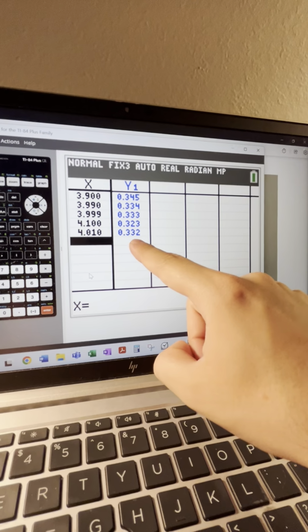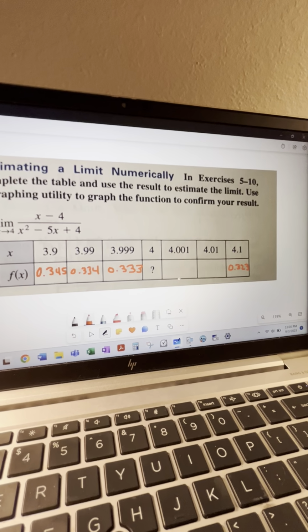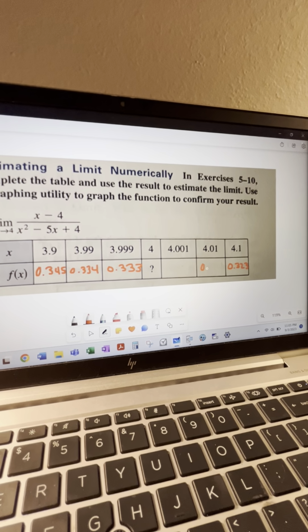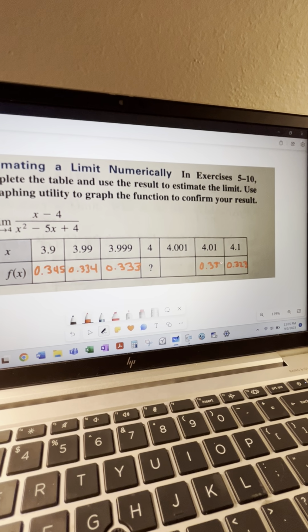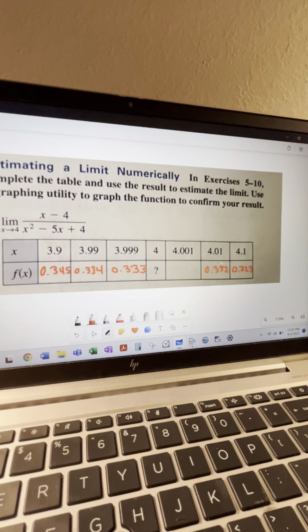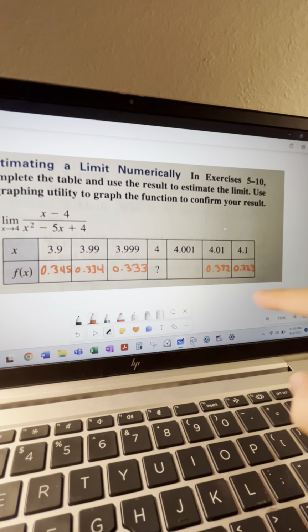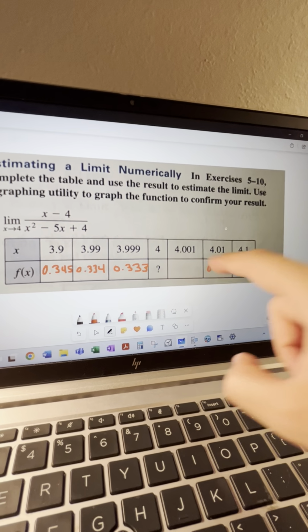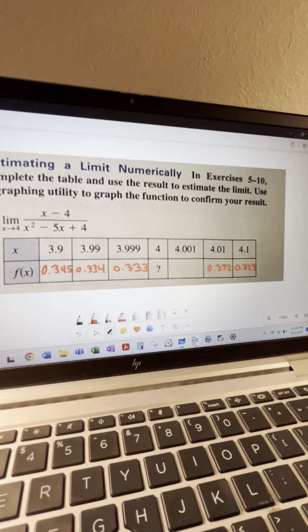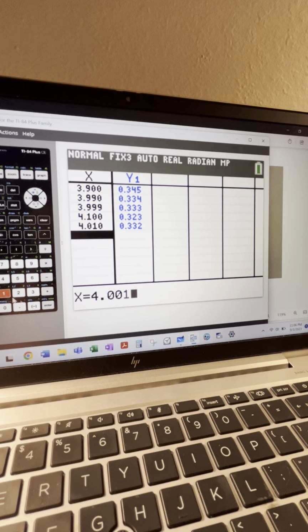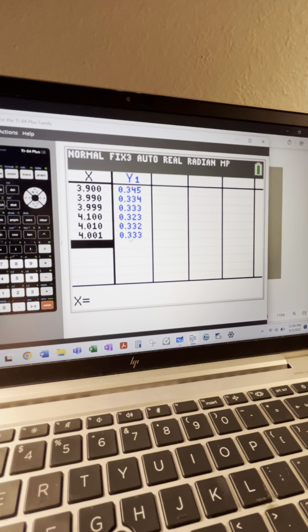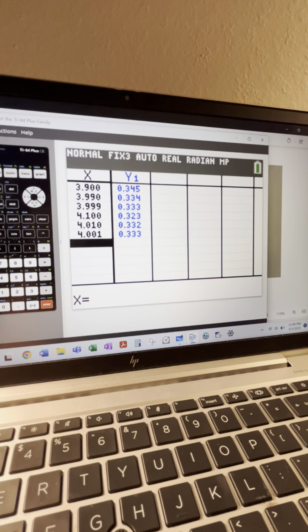You get 0.332. And then lastly, we're going to enter in this x value, 4.001. You get 0.333.